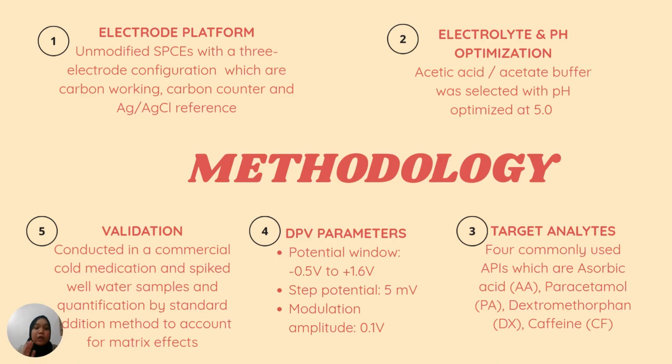The last step in this methodology is validation, which is conducted in a commercial cold medication and spiked well water samples, with quantification by the standard addition method to account for matrix effects. So the method allows for simultaneous determination of all four analytes in a single run with minimal sample preparation.